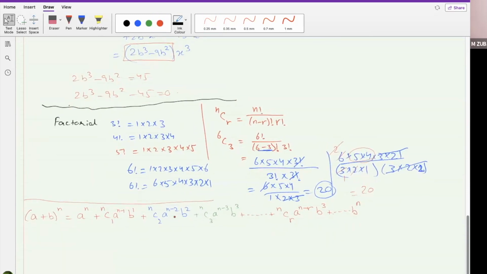So this is your formula. If we squeeze it a little, this will become A^n plus NC1 A^(n minus 1) B^1 plus NC2 A^(n minus 2) B^2, and then skip to NCR A^(n minus r) B^r, and if you skip again, the last term will be B raised to power n.